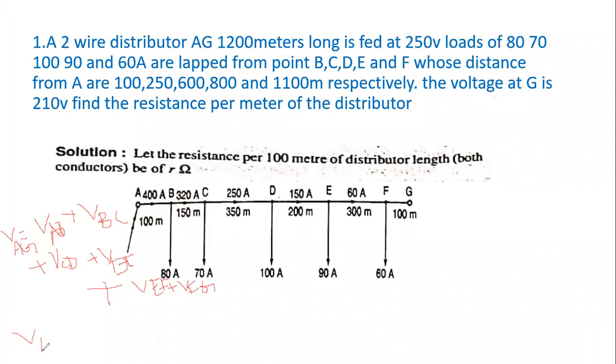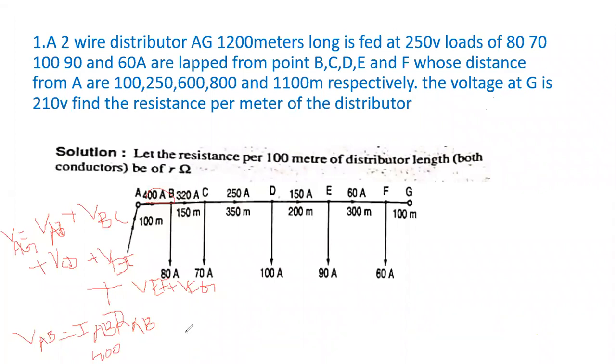What is the formula for VAB? VAB equal to IAB into RAB. What is the current at the AB section? That is 400 amperes. Substitute this 400 into RAB. What is that resistance?